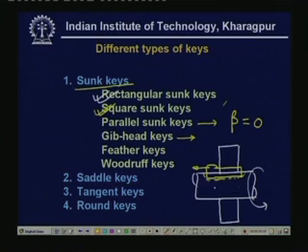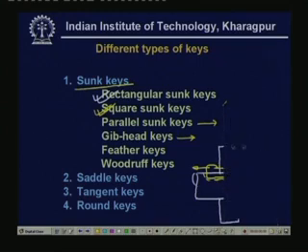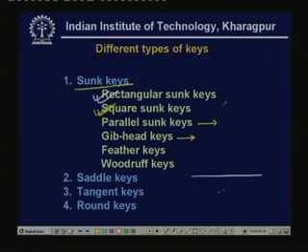Then the feather key. Feather key is another kind of key where the key is an integral part of one of the shafts, either the outer shaft or the inner shaft, and the purpose of feather keys is to accommodate axial motions. If you draw one shaft, there may be a key which is an integral part of it.